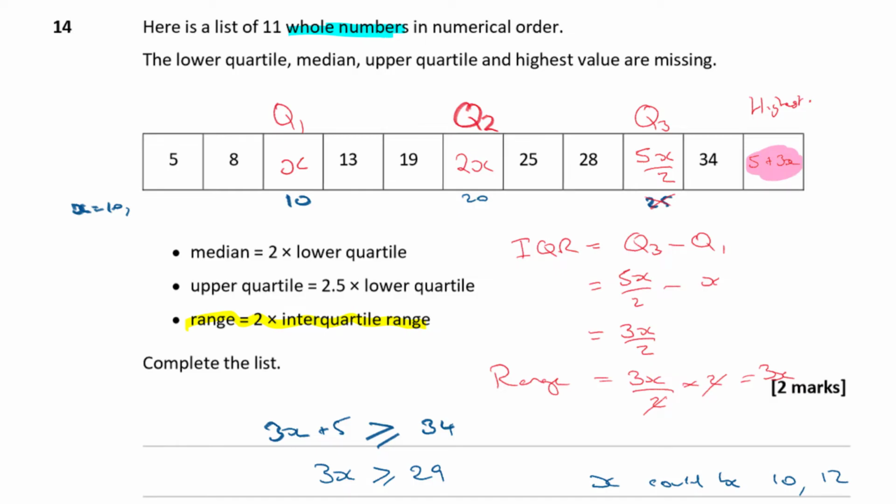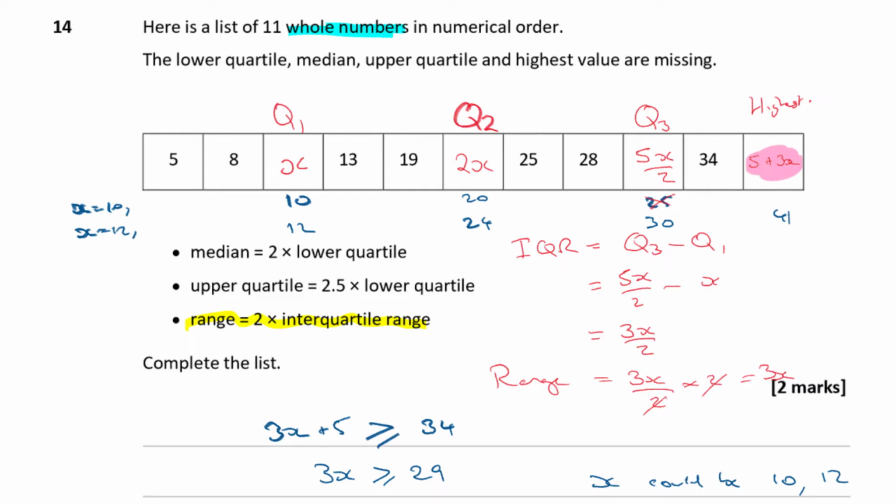So let's try 12 instead. So x is 12. So then that would be 12. Q2 would be 2 lots of 12, would be 24. Q3 would be 5 lots of 12, 60 divided by 2, which would be 30. And then the highest value would be 3 lots of 12, 36 plus 5 would be 41.